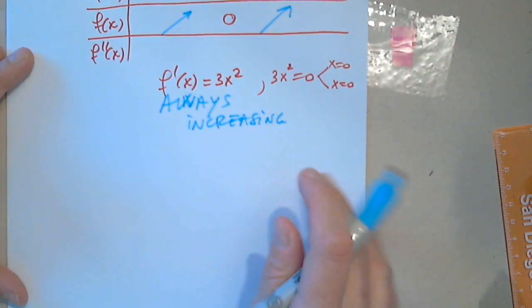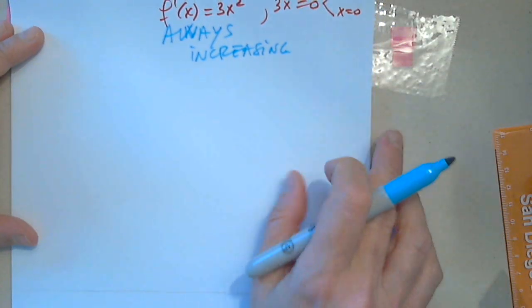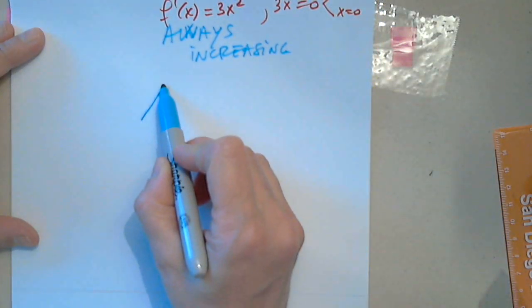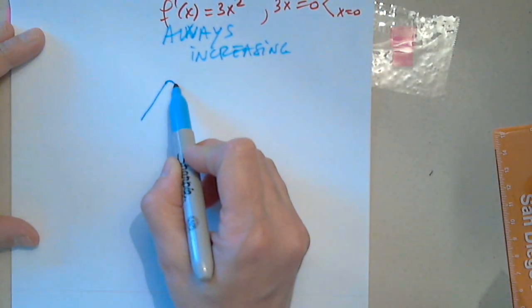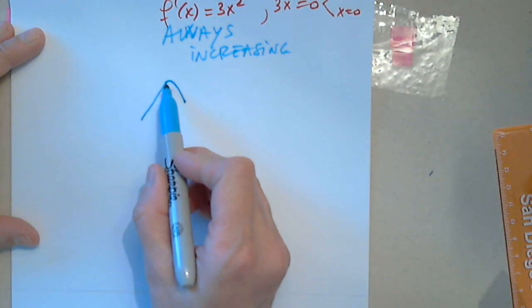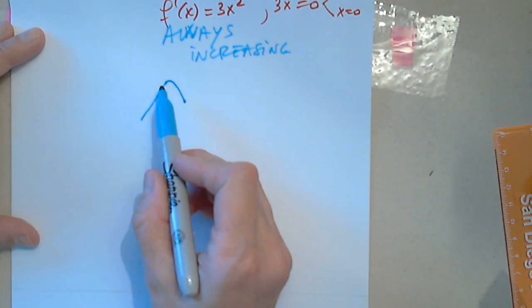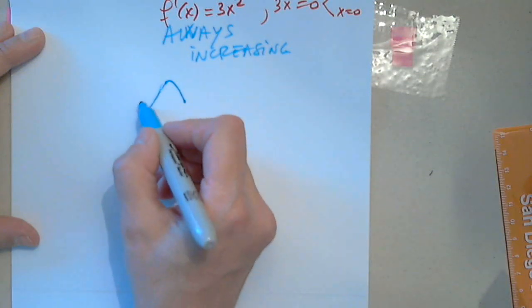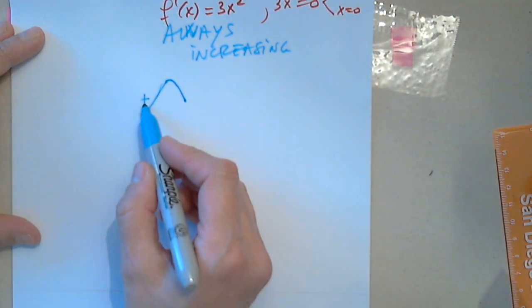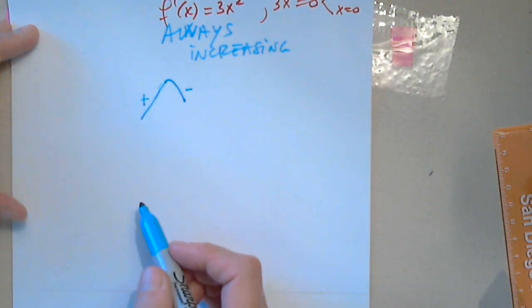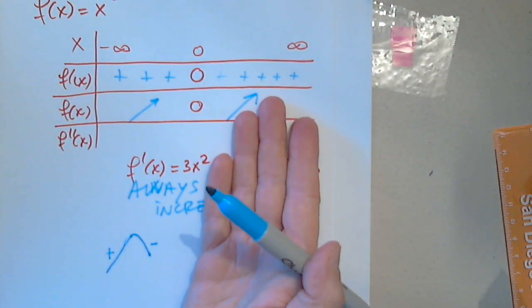If a function is always increasing, it could never ever have a max or a min. Because if a function is always increasing, if it doesn't turn to become decreasing, it will not have a max. So it has to turn. So here the slope or the derivative is positive, but here the derivative is negative. But this doesn't happen here.